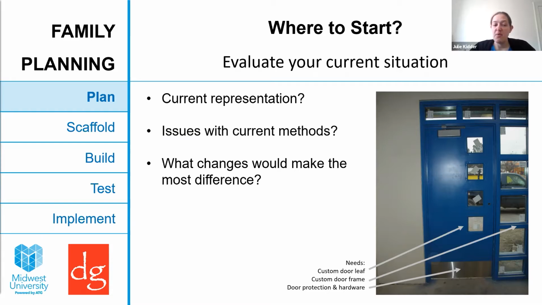And there wasn't an easy way to add the hardware that was important for the renderings to look right. Starting to see door protection, especially in our hospital environments, is important to think about, because then it makes it much easier to have conversations about, well, what sort of door protection do you need, versus not seeing it at all.